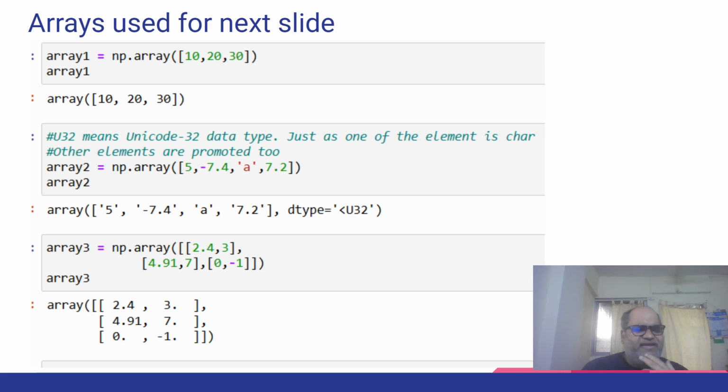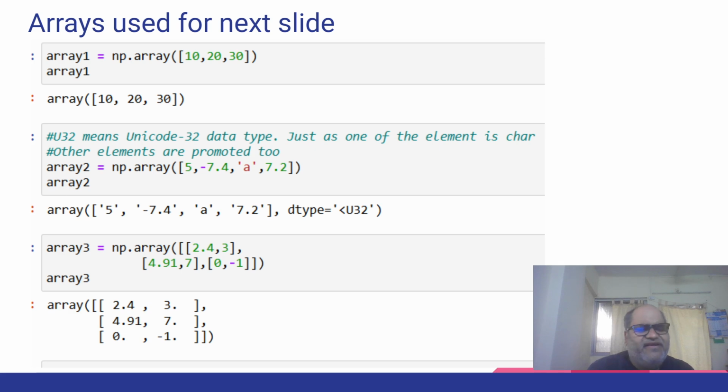If you print this array and look at the dtype, it shows U32, which means Unicode 32. Because it is a mixed array, and the highest storage requirement is for a string, all the data elements get explicitly converted to strings.